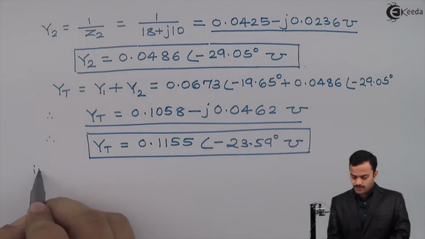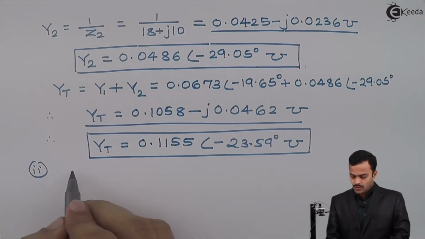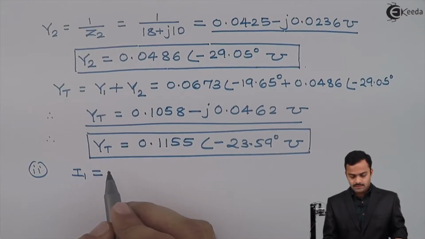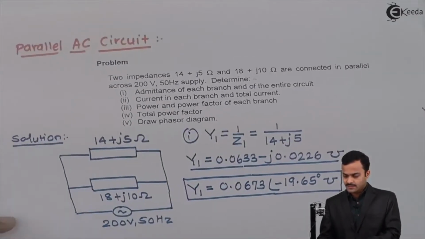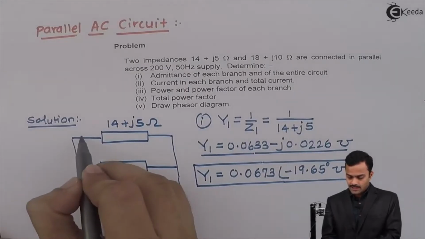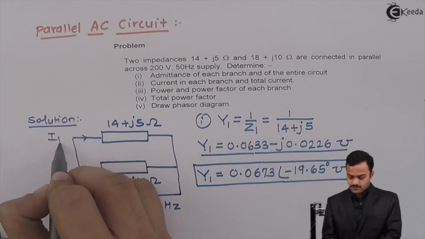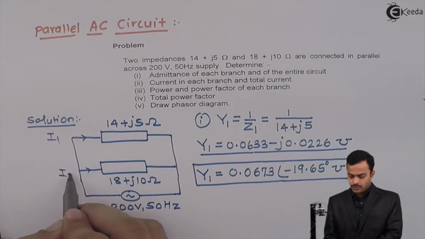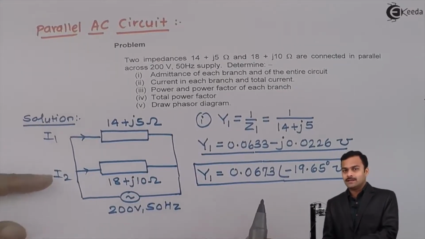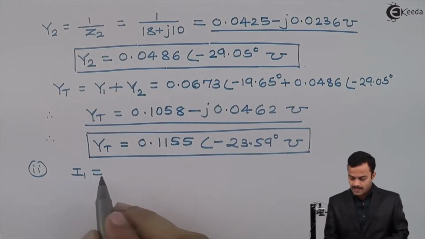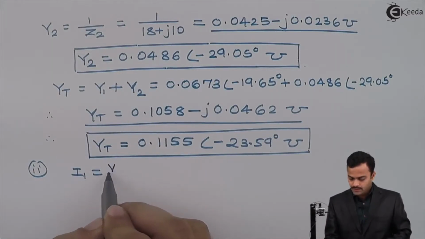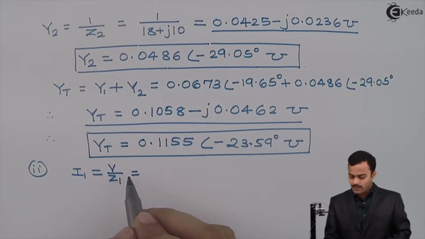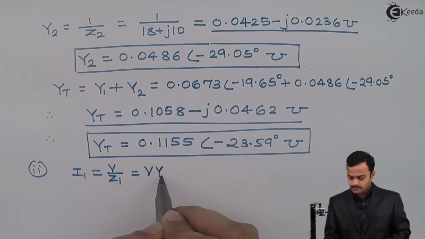calculation of currents. I1 equals, being a parallel circuit, current I1 is V divided by Z1. Similarly, I2 is V divided by Z2. I know 1 upon Z1 is Y1, so I1 is V into Y1.